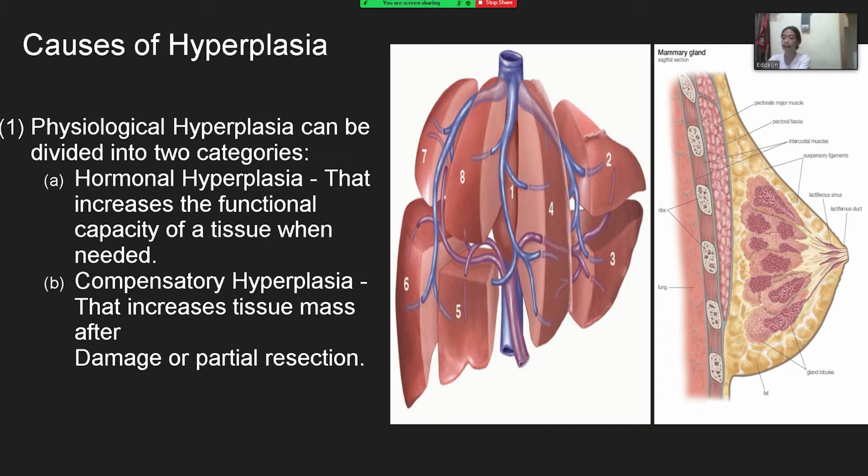Example of compensatory hyperplasia is pag nagpuputol ng kahoy. Di ba pag due to too much stress sa kamay, sa paghawak ng itak or yung axe, or yung tinatawag na wasay sa Ilocano, pag nagpuputol ng kahoy, then your hands could get calluses.